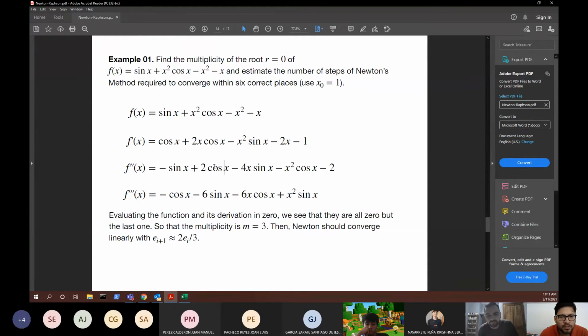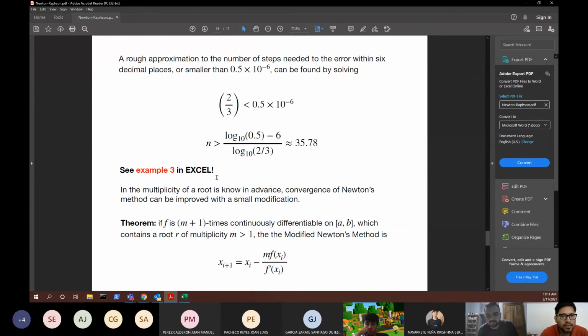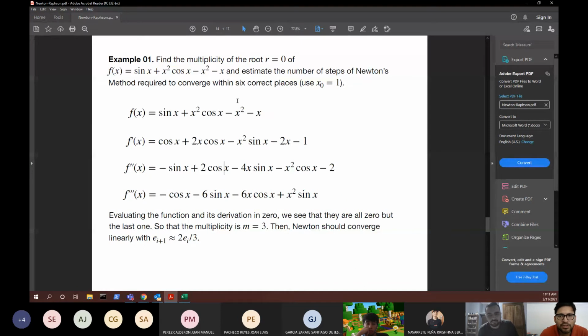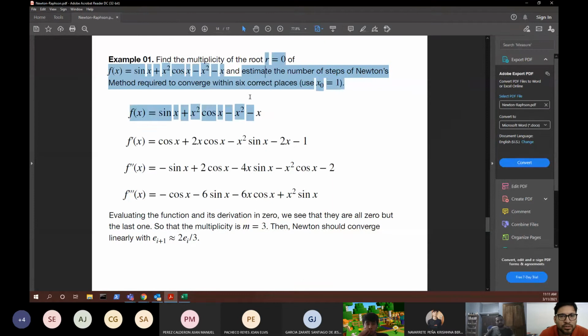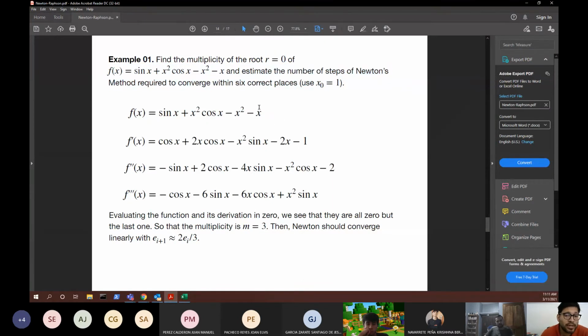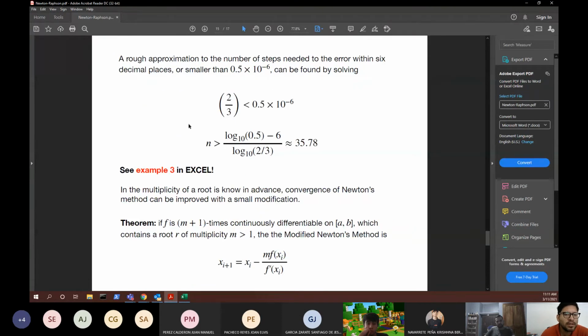Okay? Good question though. So now we can calculate the number of steps of Newton's method required to converge. We can do it in Excel. However, one good approximation is to use this formula.